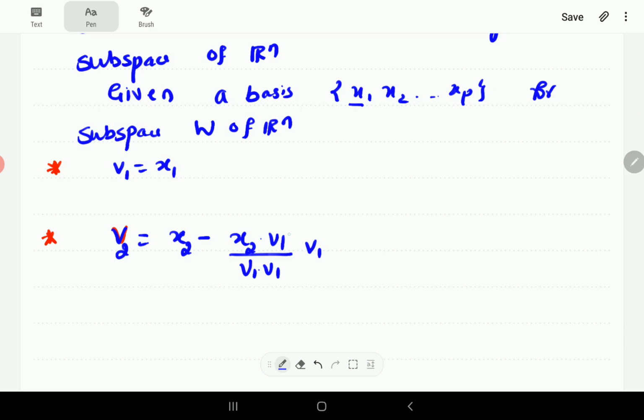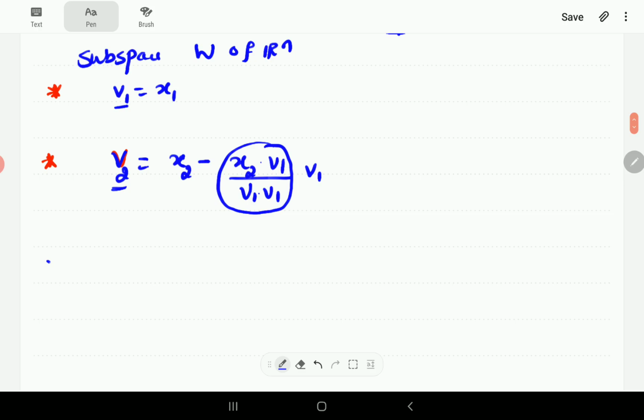If you observe closely, it is the orthogonal projection of x2 onto v1. So v2 can be found by using x2, which we already have, and v1, which we found in the first step. We take the inner product of x2 with v1, and v1 dot v1 into v1 will give us v2.